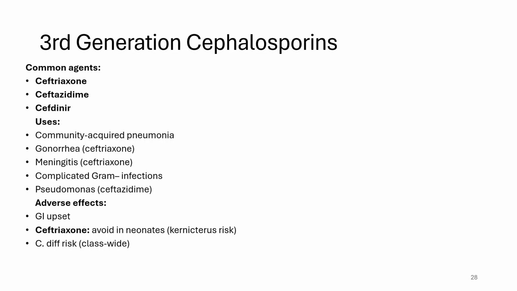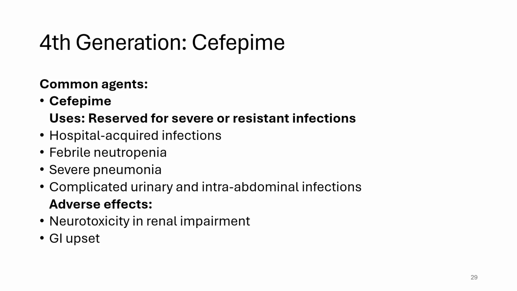Moving right along to fourth generation cephalosporins, the key drug is cefepime. Cefepime is reserved for severe or resistant infections. So not a routine outpatient antibiotic. You would see this more often in the hospital. Clinically, this includes hospital-acquired infections, febrile neutropenia, severe pneumonia.